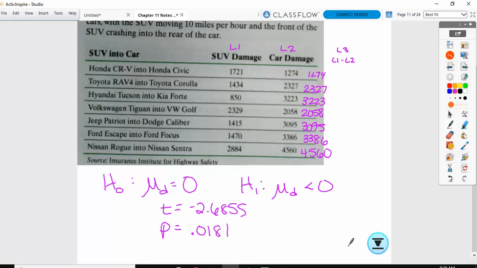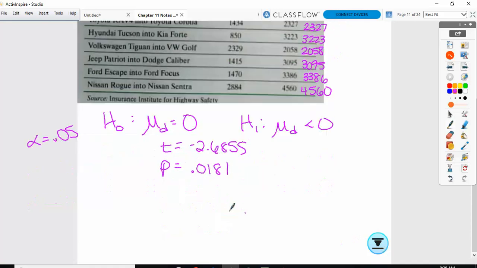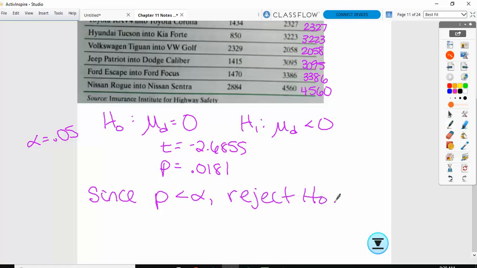So we know we reject if P is less than alpha. Let's assume alpha is 0.05. So do we reject or fail to reject? Reject. P is less than alpha. Reject the null hypothesis.